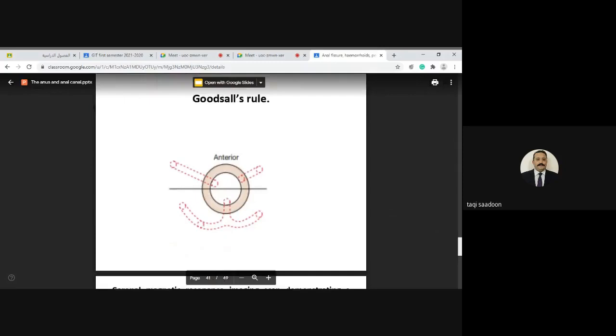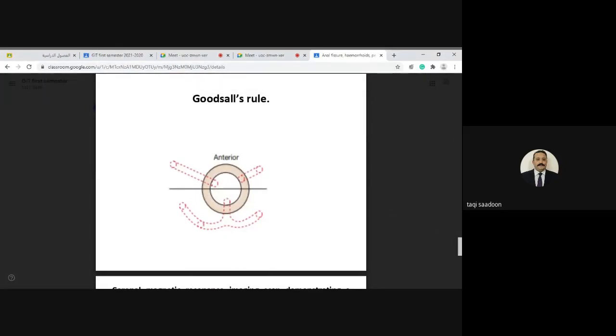This is what I told you about, Goodsall's rule. Imagine this is the anus. Imagine the patient in the lithotomy position, this is the anus, and this is the ischial tuberosity.